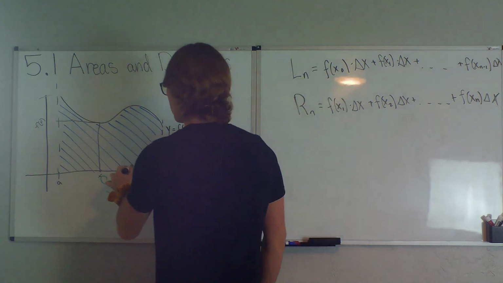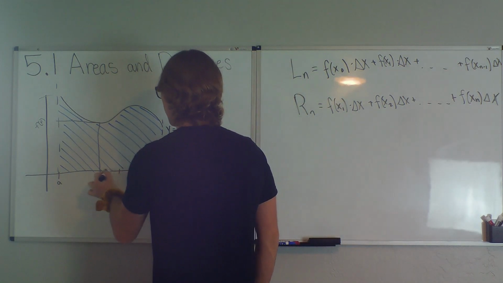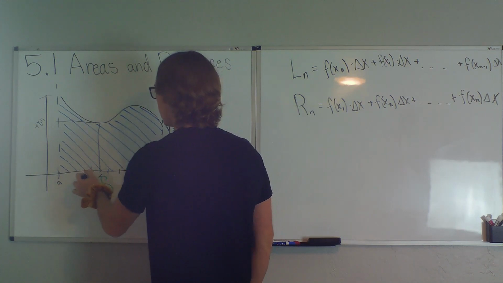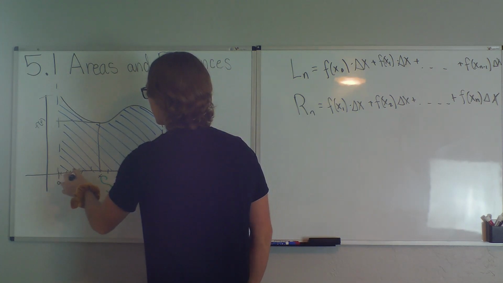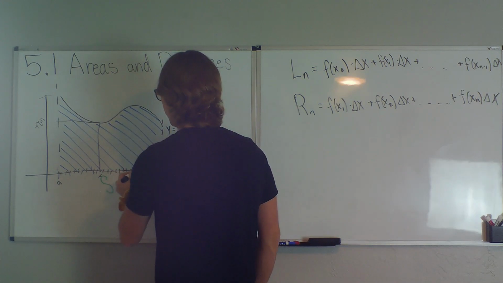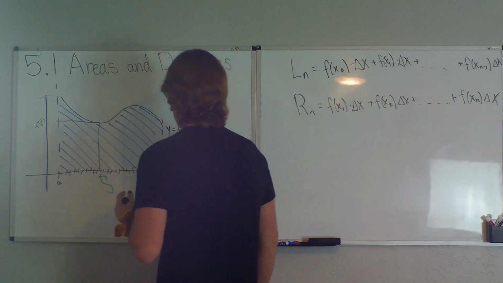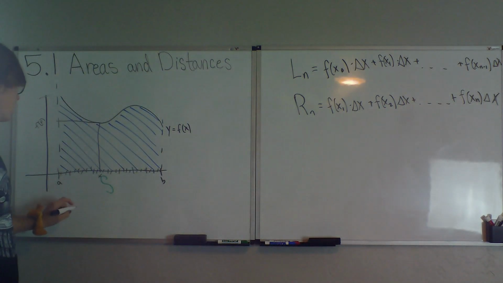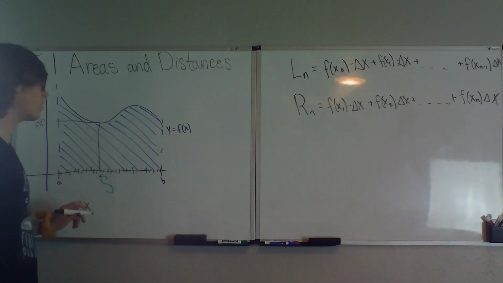Our width is going to be based off how many rectangles we have, right? Because if we have more and more rectangles, then our width is going to be decreasing. So how do we find our width? Well, we can call it delta x, the change in x.